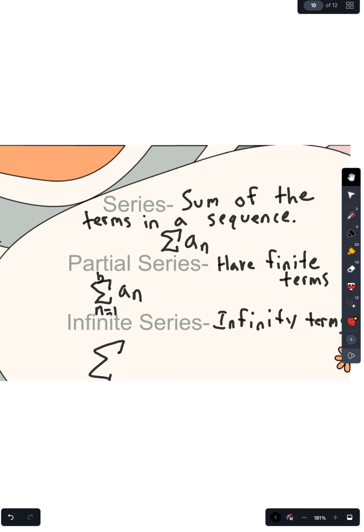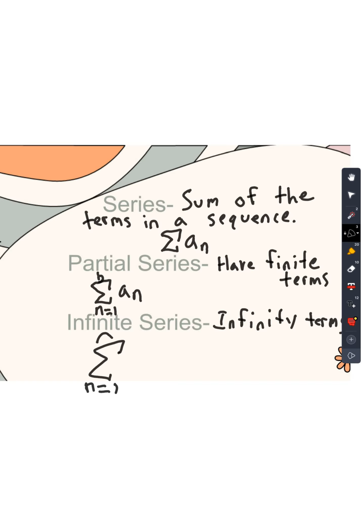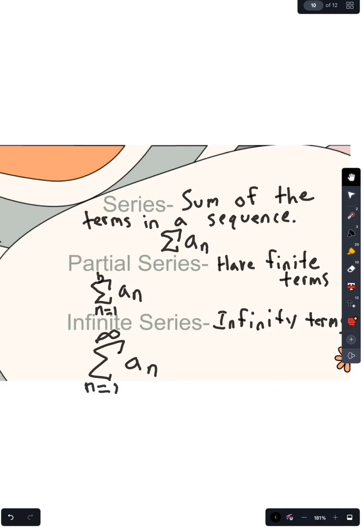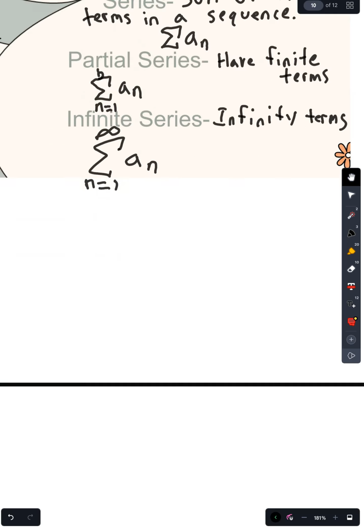And so now when we look at this, we're going from n equals 1 to infinity and beyond. And for the most part, we will look at partial series every once in a while, especially to aid us in doing other stuff. But where we're really gonna live is our infinite series. So again, that's just kind of some setup, remembering some vocabulary.